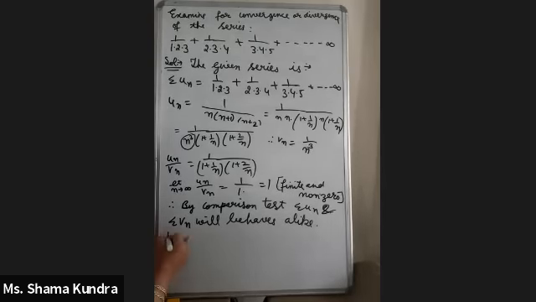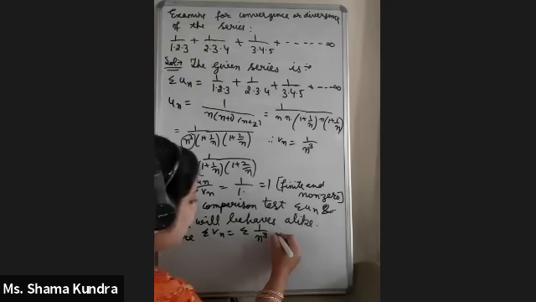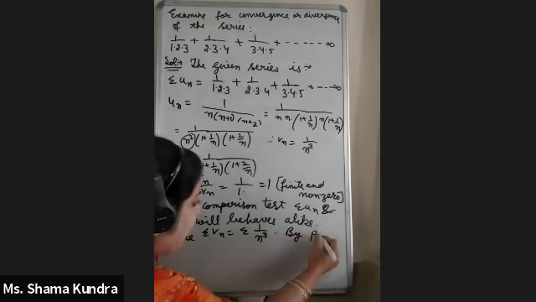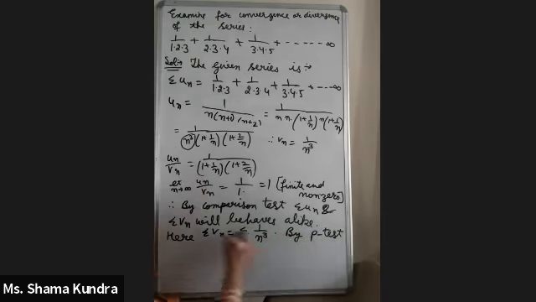Here, series vn is 1 over n cube. By p-test, here p is 3, which is greater than 1. Therefore, series Vn is convergent.